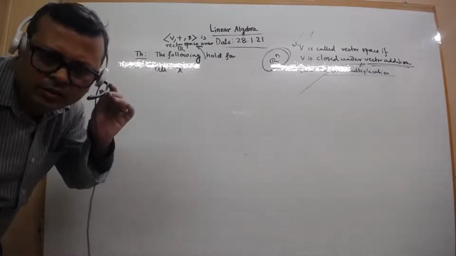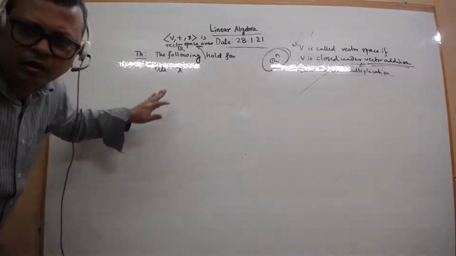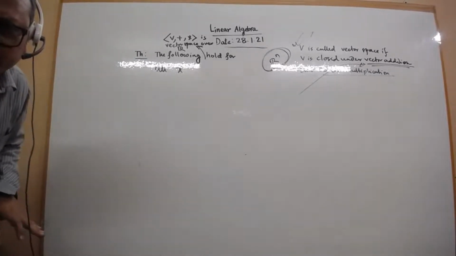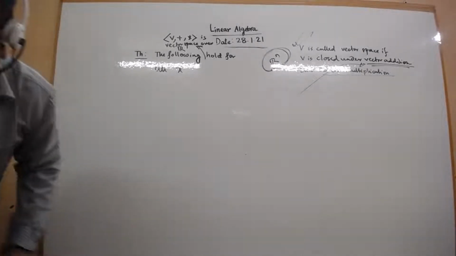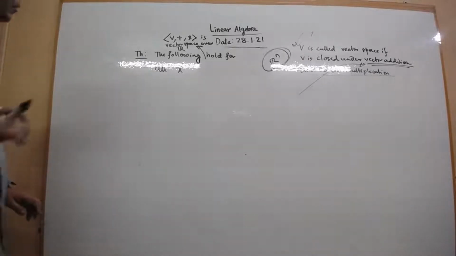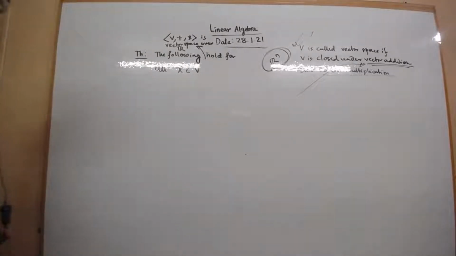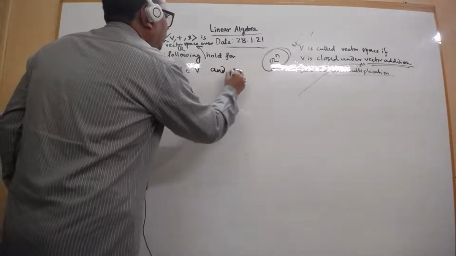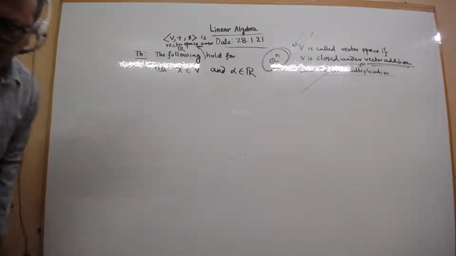Now, Rishiraj, can you see this? Okay. For all x belonging to V and alpha belonging to R. Okay, thank you, thank you.